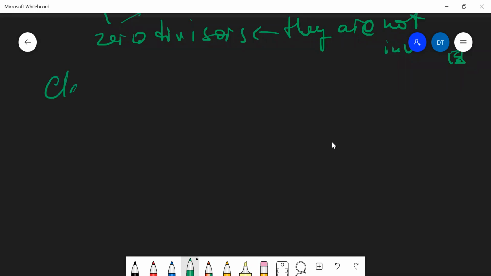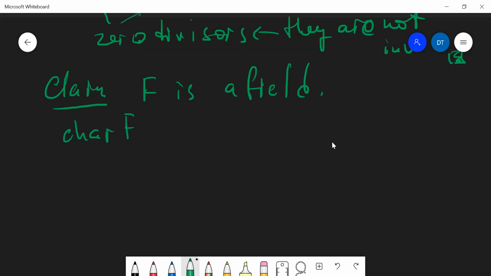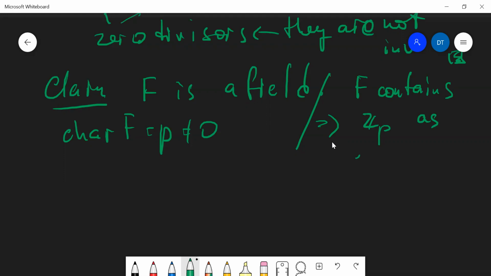So the claim: suppose F is a field and it has a prime characteristic. Then F contains ZP as a subfield.